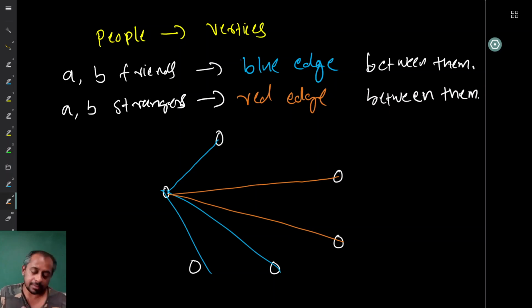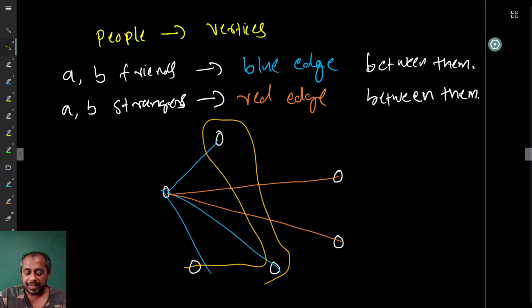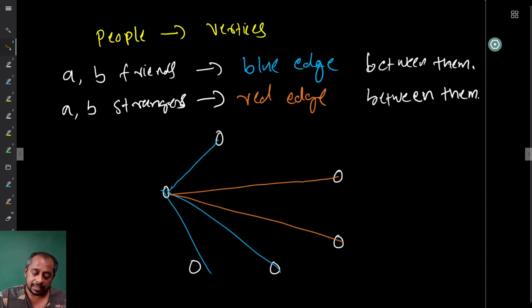In symmetric cases, they are either friends or not friends. So 3 of them must be of the same color. Let's say that 3 of them are friends, and then maybe 2 are also friends. That's okay, but we just want at least 3. So now we know that at least 3 have the same relation with this person.